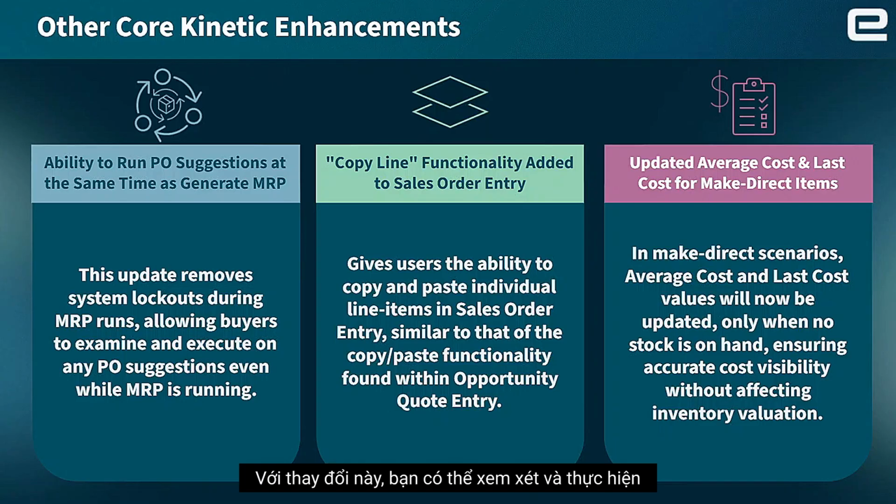With this change, you can examine and execute those PO suggestions while MRP is still running, eliminating delays and speeding up purchasing decisions. In addition, we've added a copy line function to the sales order entry, and we've improved how average cost and last cost are updated for make direct items. Two of these nice quality of life improvements that make the system smarter and easier to use.